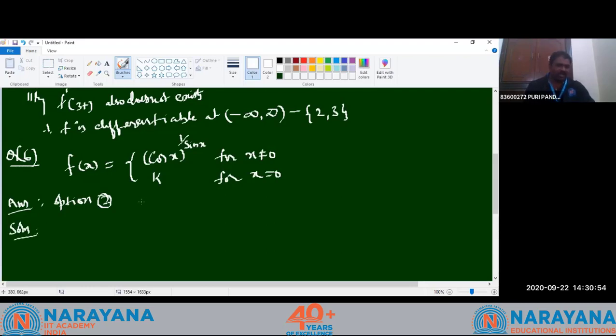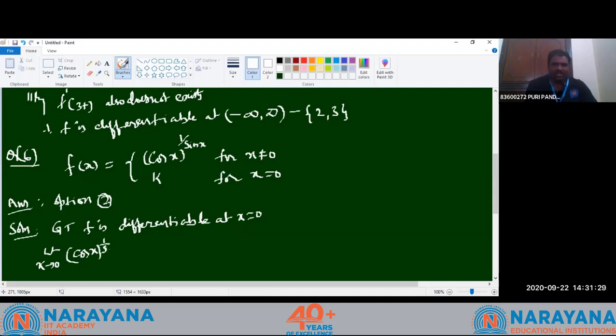Solution: here it is given that f is differentiable at x equal to 0. Differentiable at x equal to 0 means you can say here, limit x tends to 0 of (cos x) power 1 by sin x is equal to k.